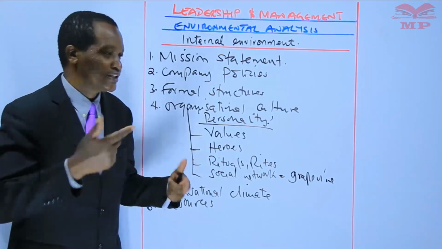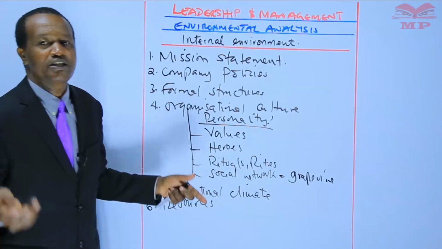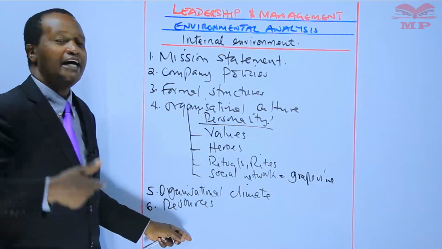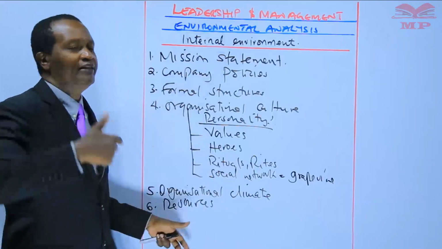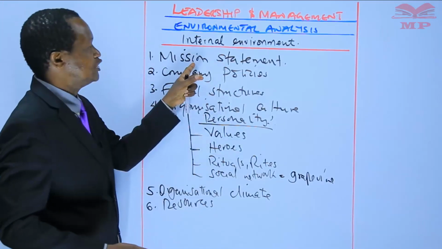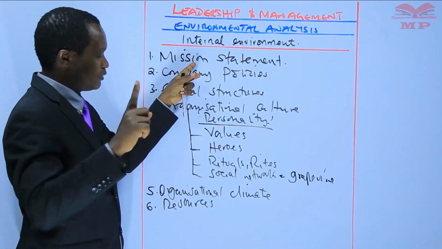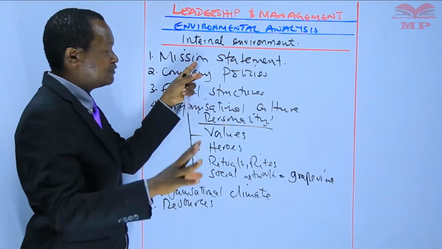And resources like information, facilities, machinery, equipment, material, supplies, those are just supporting. They are non-human resources that complement workers in their quest to accomplish an organization's mission. So the paramount resource is people. These other resources are just supportive.